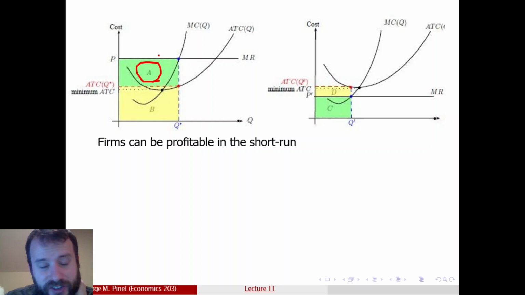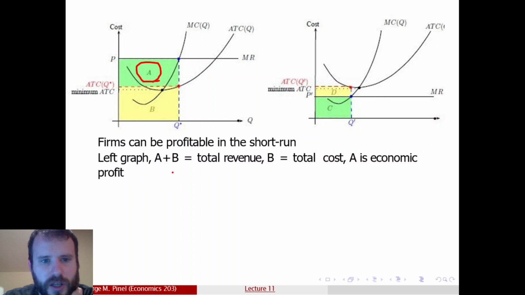So if the price is above the average total cost, then firms make positive profit. A plus B is your total revenue, B is your total cost, A is your economic profit.